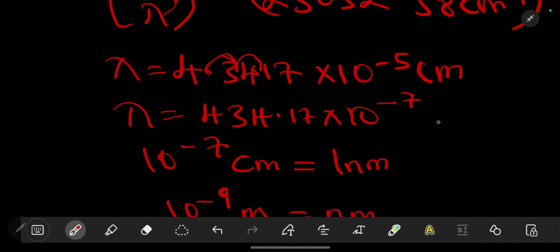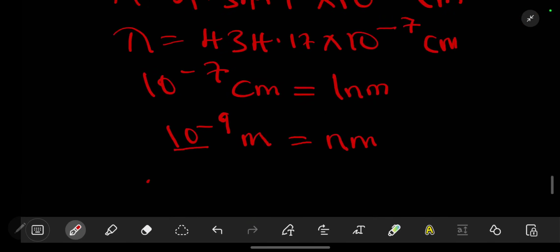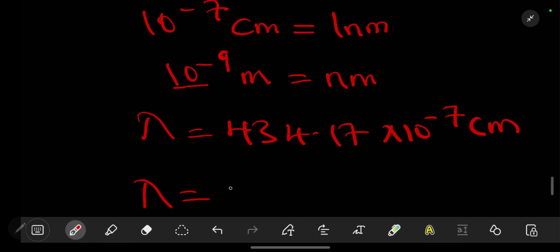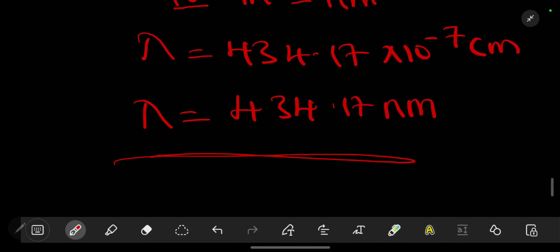So lambda is equal to 434.17 times 10 to the power negative 7 centimeters, which gives us a lambda of 434.17 nanometers. So this is how we solve that one.